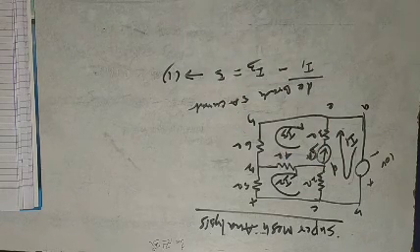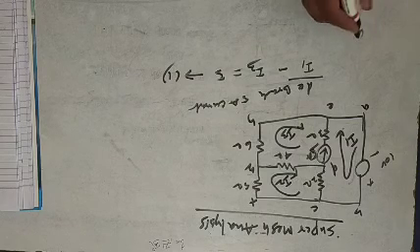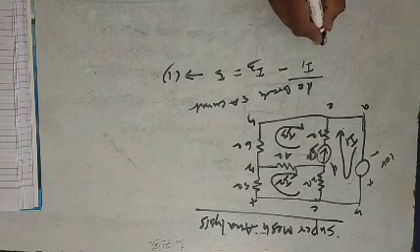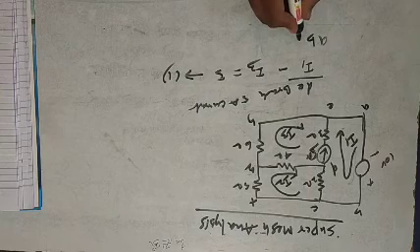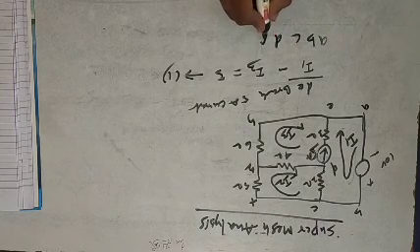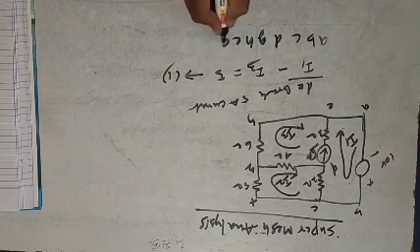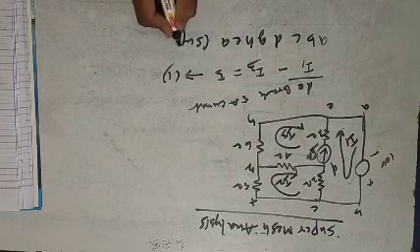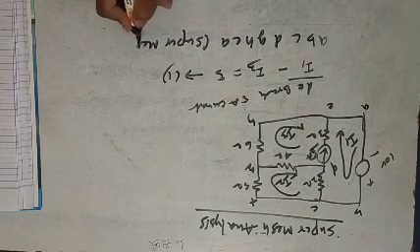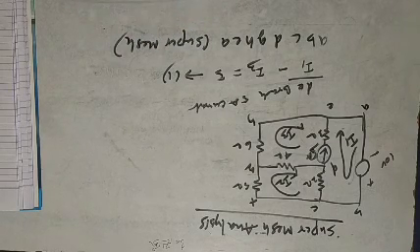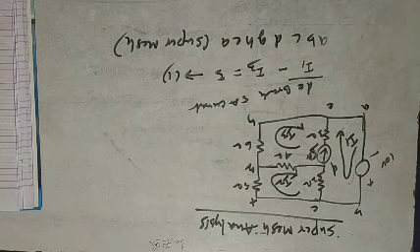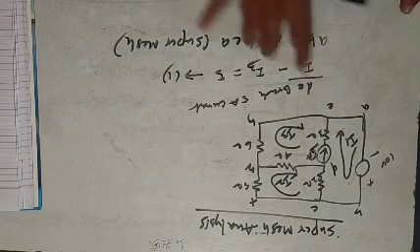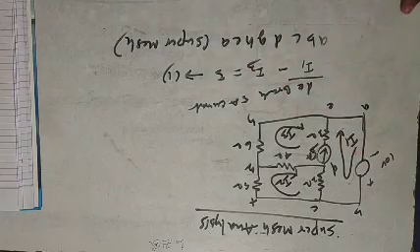After DE, we will have A, B, C, D, G, H, E, A forming the supermesh. Whenever a supermesh is there, the two meshes merge to form a single mesh.